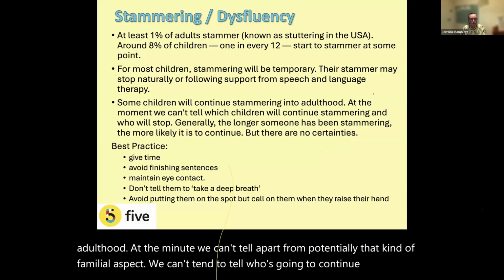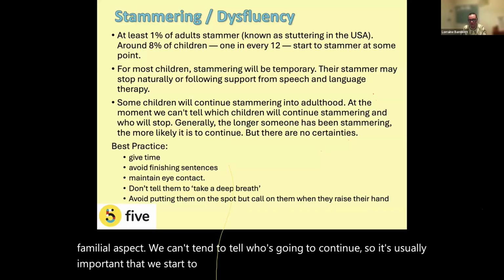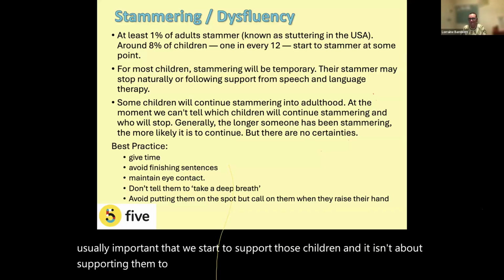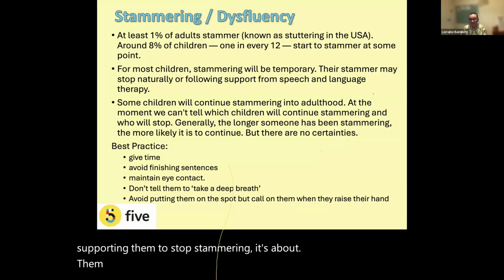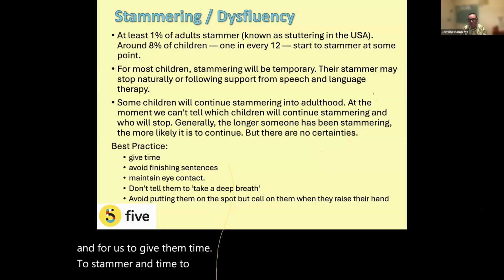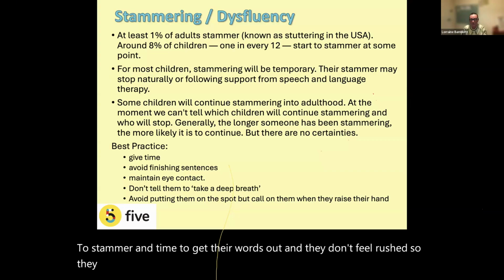So it's usually important that we start to support those children. And it isn't about supporting them to stop stammering. It's about them understanding that it's okay to stammer and to get their words out, and for us to give them time to stammer and time to get their words out, and they don't feel rushed. So they are the biggest things that we're talking about.